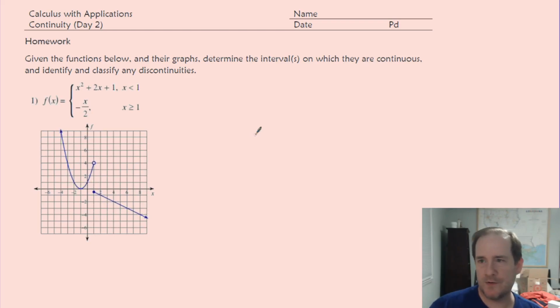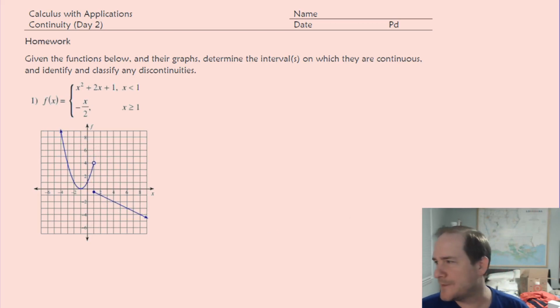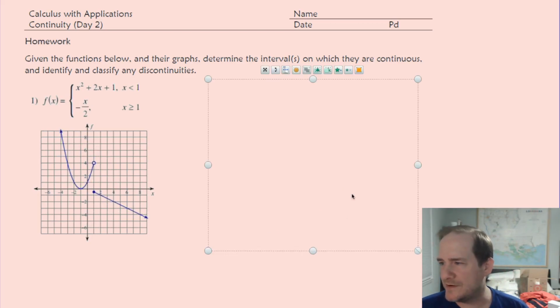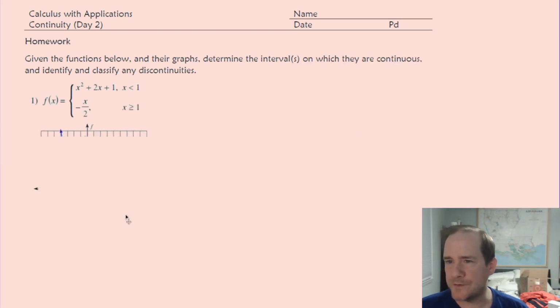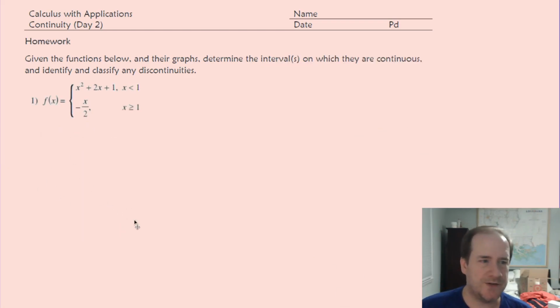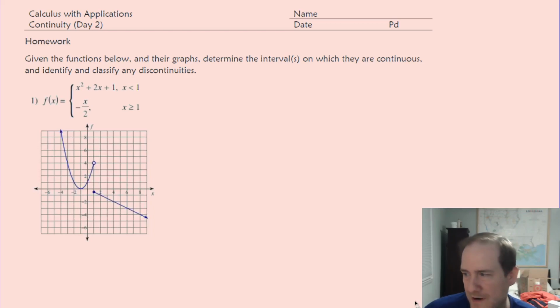Anyway, looking at number 1. This is a little bit too easy because you have a graph to look at. Imagine for a moment you could not see this graph. If you had to just go off the function, could you still do it? I think the answer is yes. There's plenty of problems coming where you have to do it without a graph anyway, so I'll let you have the graph this time.